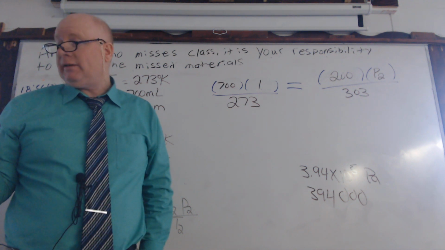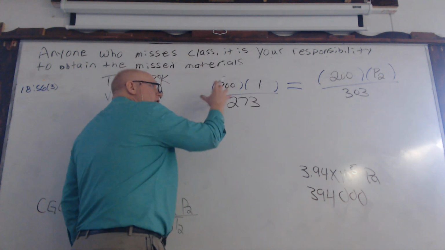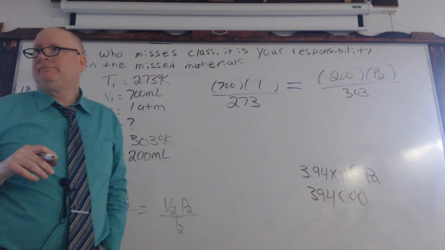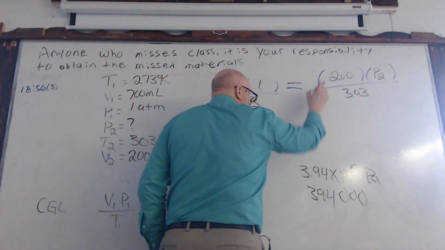Okay? All right. So, how do you get rid of your fraction? No. You cross multiply. Take 273 times 200.